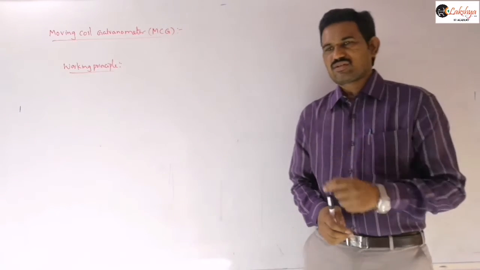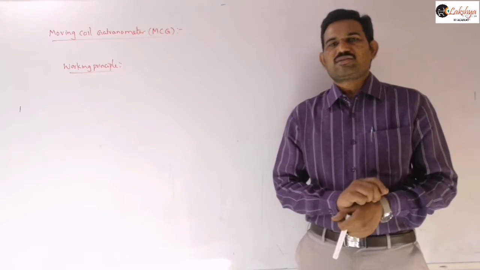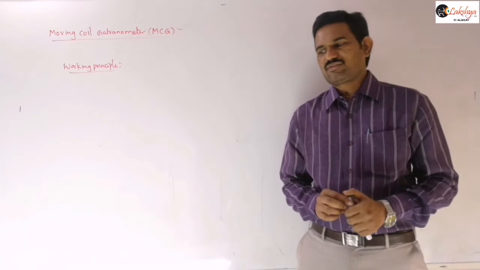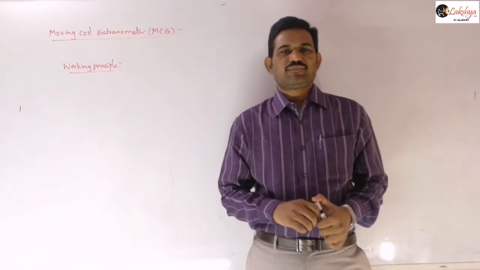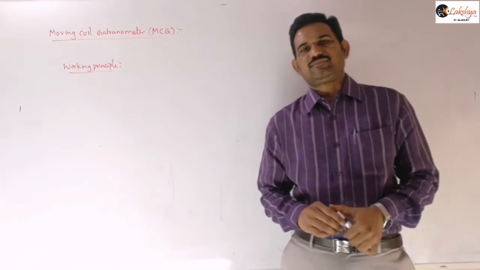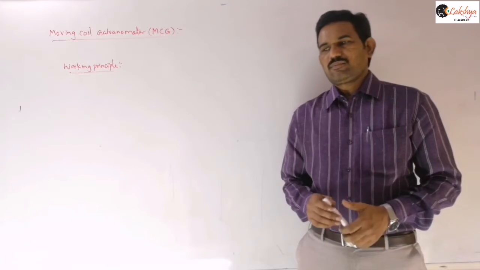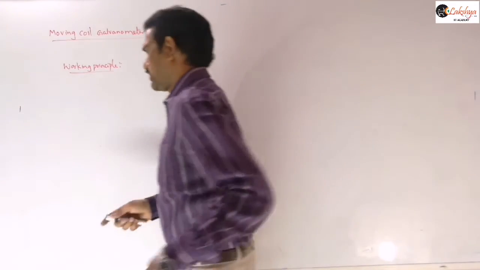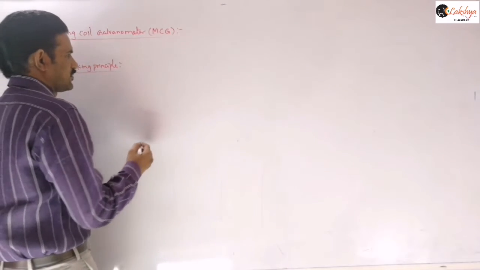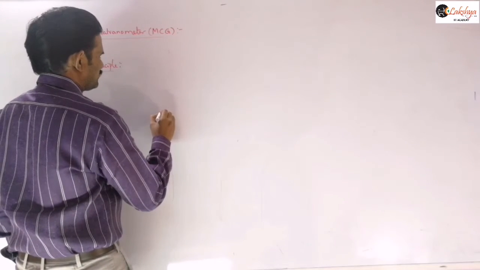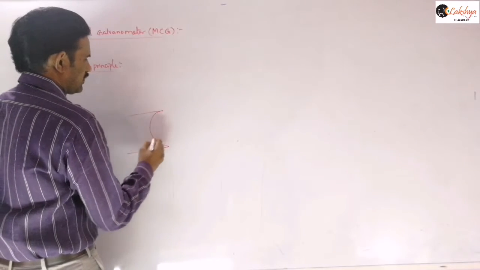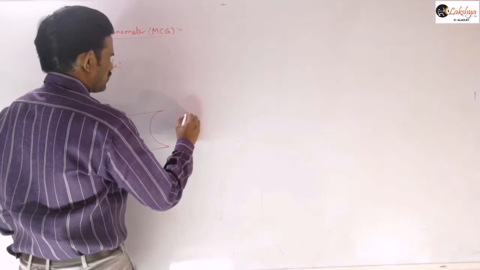So just to mention that sentence also: a galvanometer is a sensitive device used to measure very small current, and it also indicates the direction of flow of the current.